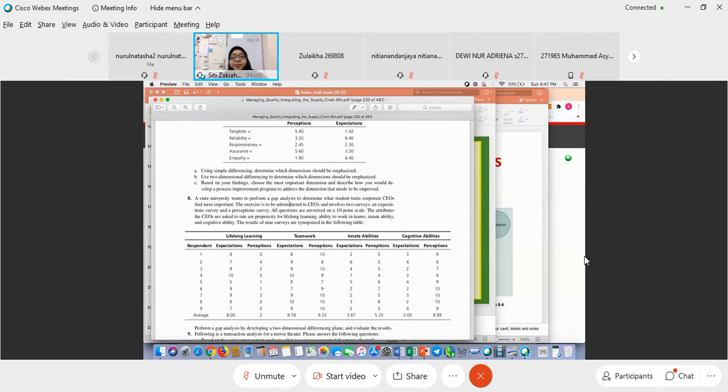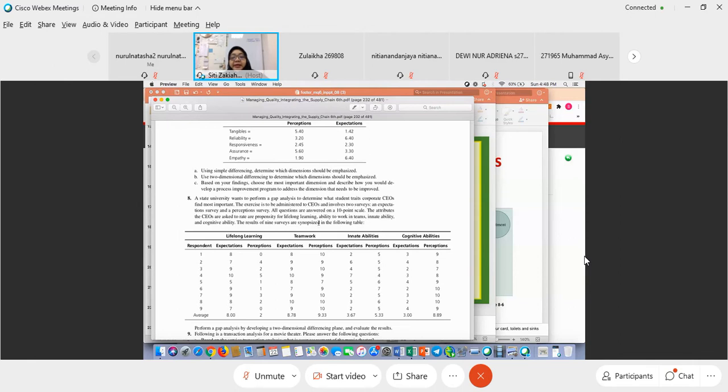The exercise is to be administered to CEOs and involves two surveys, an expectation survey and a perception survey. All questions are answered on a 10-point scale. The attributes the CEOs are asked to rate are propensity for lifetime learning, ability to work in teams, innate ability, and cognitive ability. The results of the surveys are synthesized in the following table.